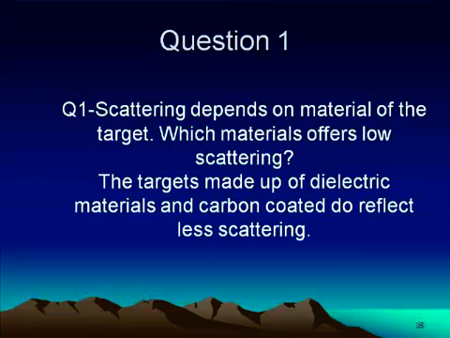Obviously, if the target is made up of dielectric materials or electromagnetic wave absorbing materials like carbon, then the scattering is going to be less. These days, we are exploiting this technique for low scattering targets, though the target's actual size is very large. Thus, the target is able to deceive the radar systems.